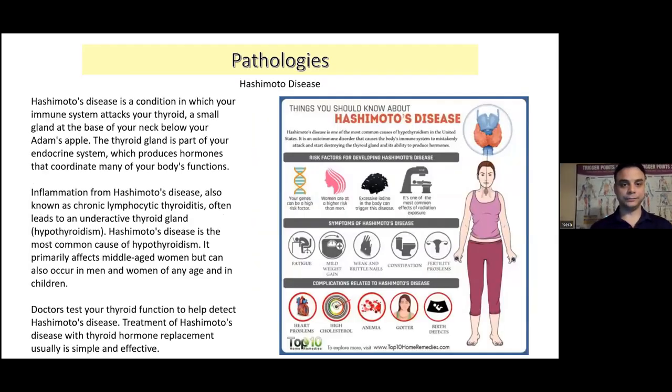Hashimoto's disease. Again, this is an autoimmune disorder, specifically attacking your thyroid gland. Your thyroid gland helps to regulate a lot of things in the body, so you could have all the types of symptoms listed on this particular picture.